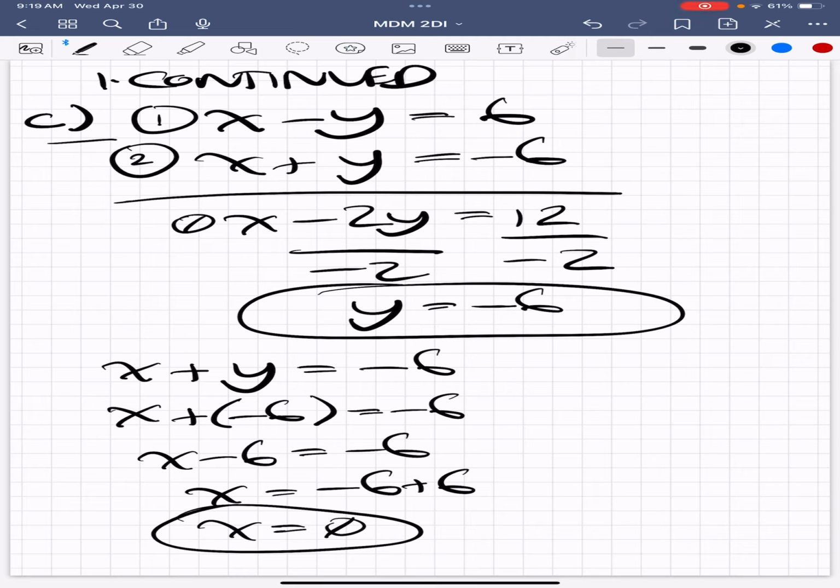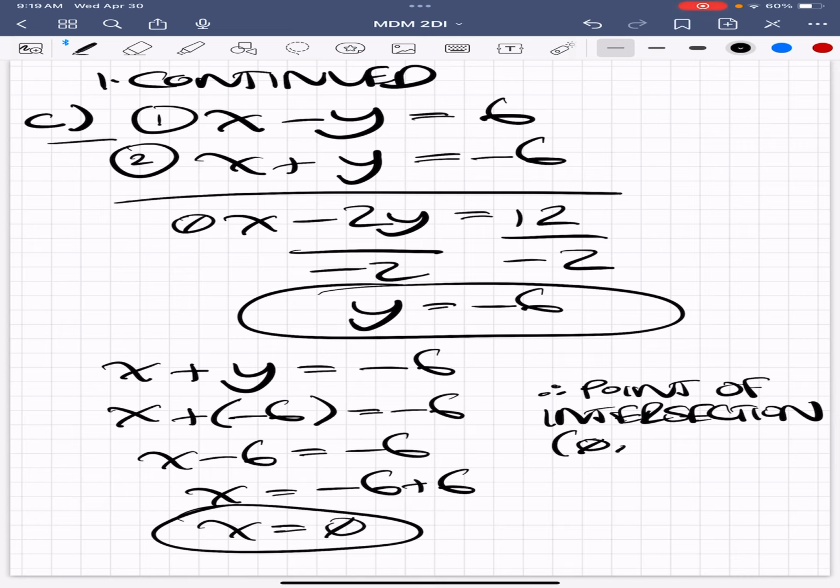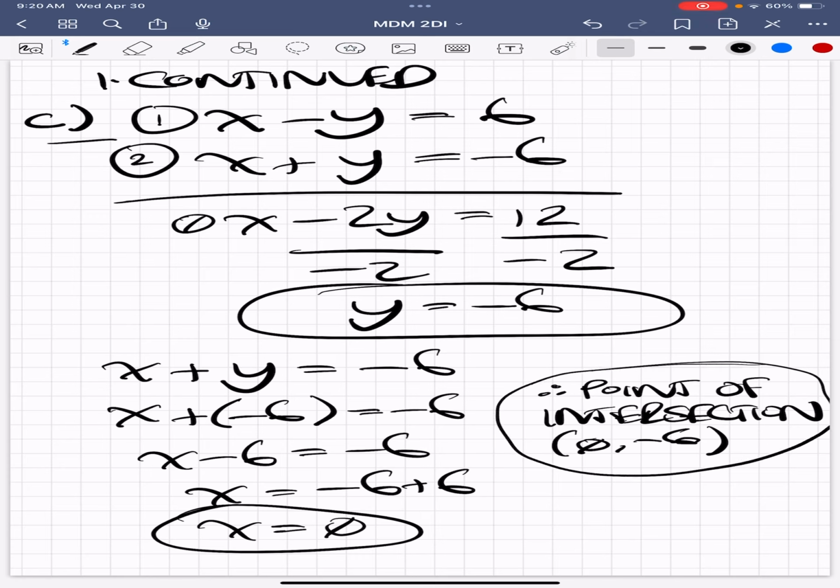In this case, it's the x coordinate of the POI. And then we're going to do a therefore statement, stating the point of intersection, actually is -6. So the point of intersection is 0, -6. And we did our therefore statement.